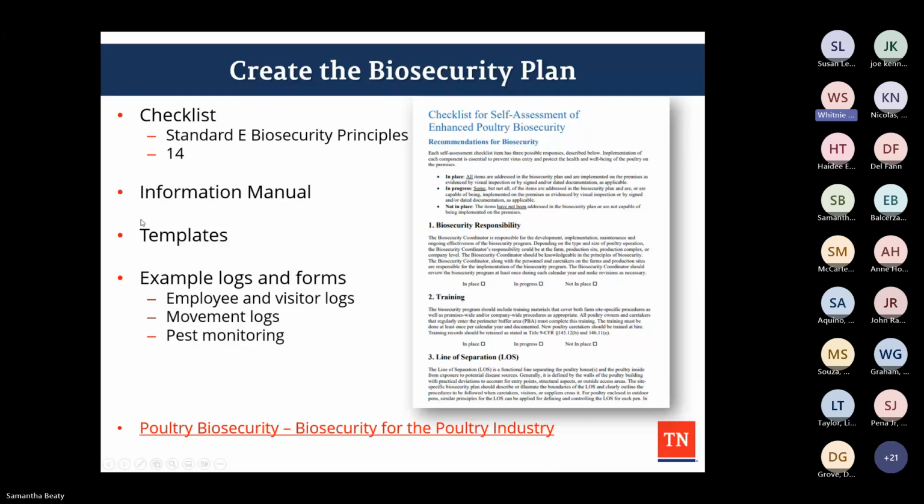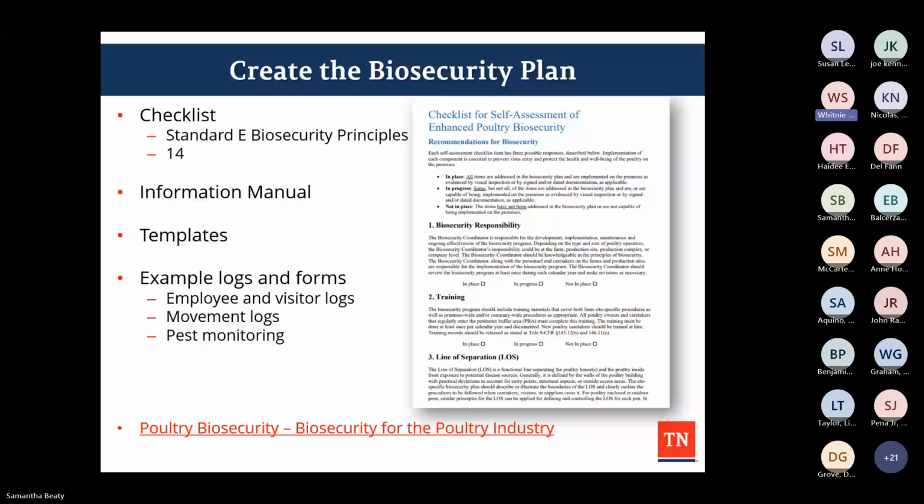There's an information manual, there are templates, as well as example logs and forms to keep track of people moving off and on a site, other movement logs. And so on the right there, you can kind of see a template or an example of doing a self-assessment checklist for a specific site to see how well you're able to address each of these biosecurity concerns.